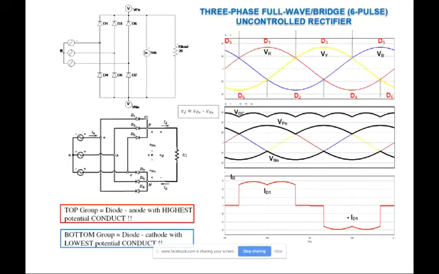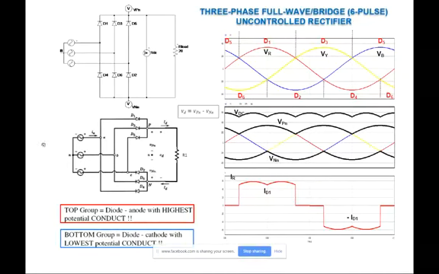If you refer to the top group here, this is very similar, exactly the same as the midpoint converter, the 3-pass or half wave rectifier. The output of the top group will be connected to the load R1 and then connected to the end point of the bottom group, and the cathodes of the bottom group will be connected to the supply voltage.